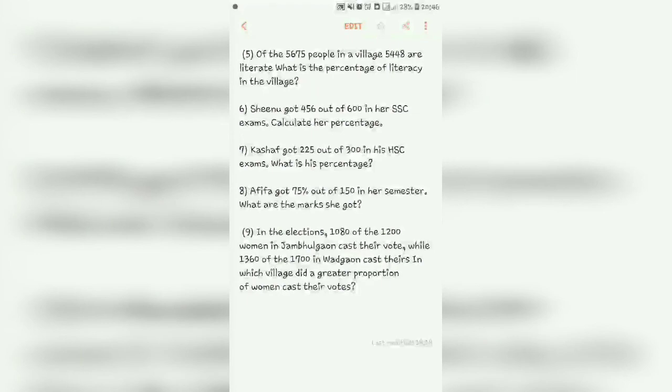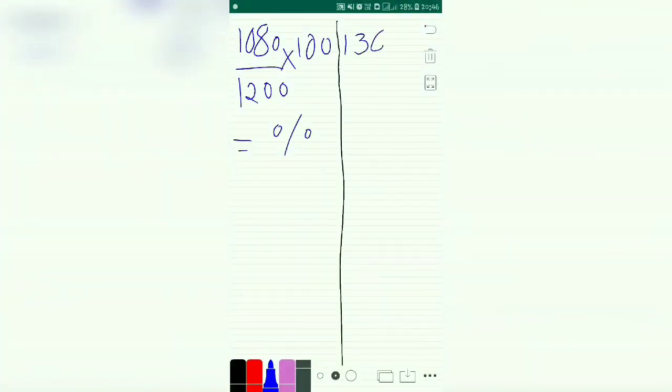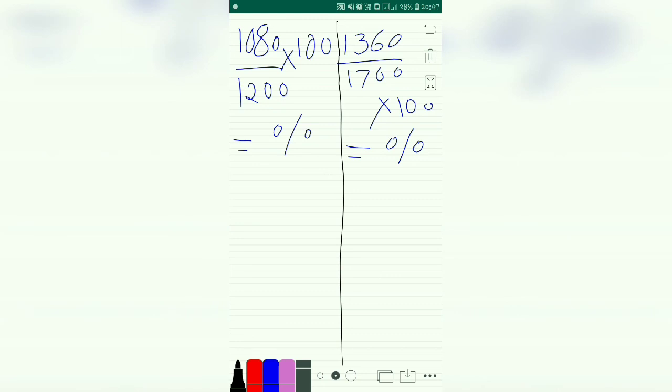And the second part is while 1360 of 1700 into 100 is equal to percentage. This into 100 is from here. Since I don't have place, I have written it down.